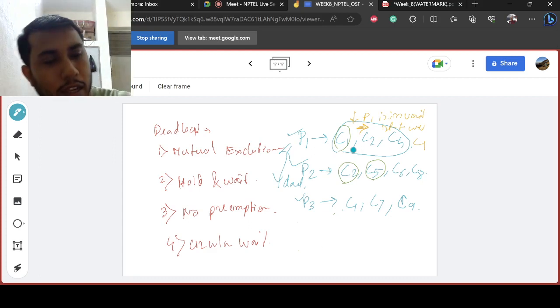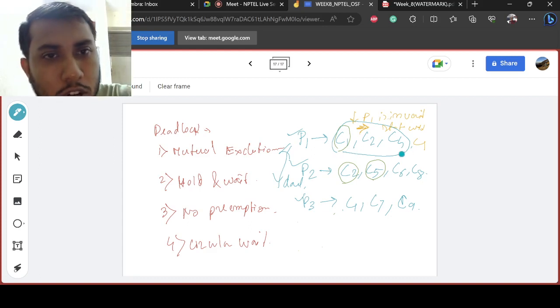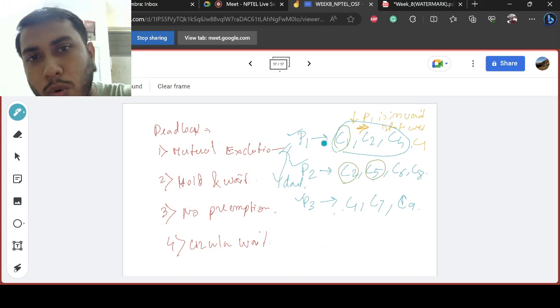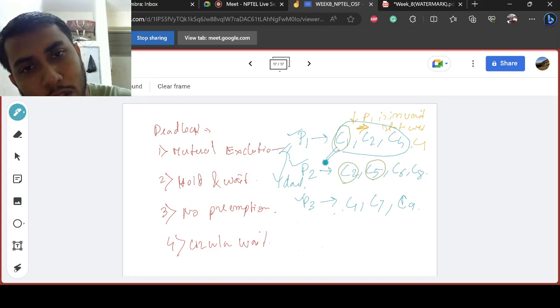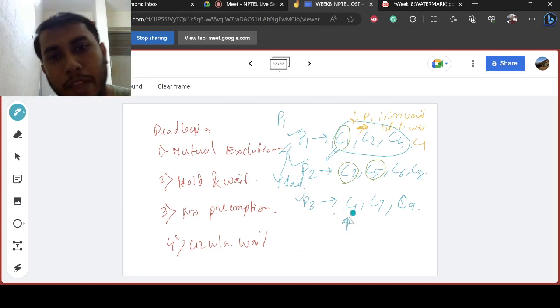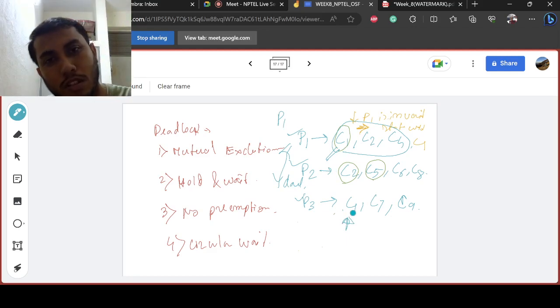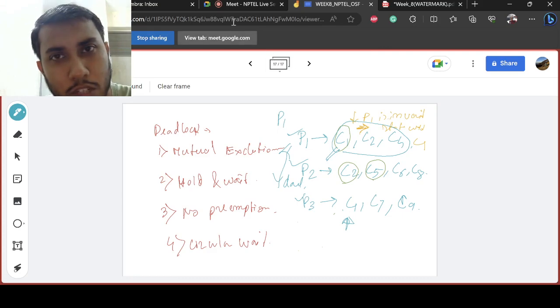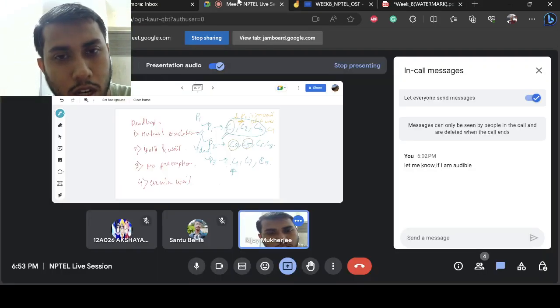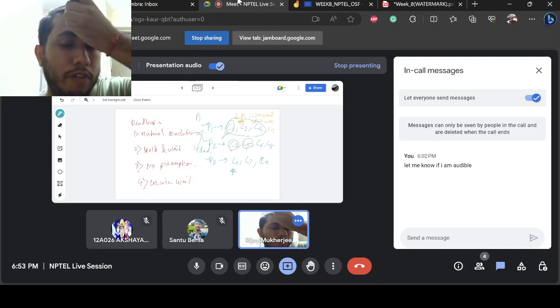So here, since P1 is not able to get C2, it will release C1 also, and then go to the wait state, and since C1 is released, P3 will run to completion. After P1 and P3 get over, then P1 can be scheduled. So that is how deadlock prevention occurs when you have to prevent hold and wait.